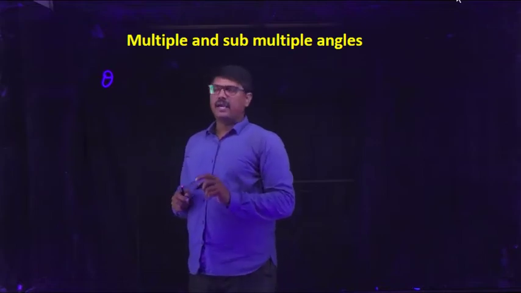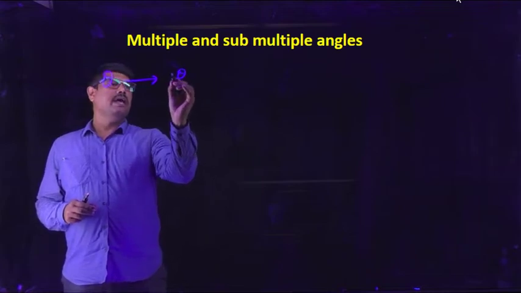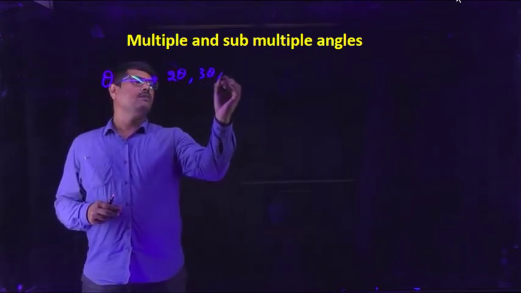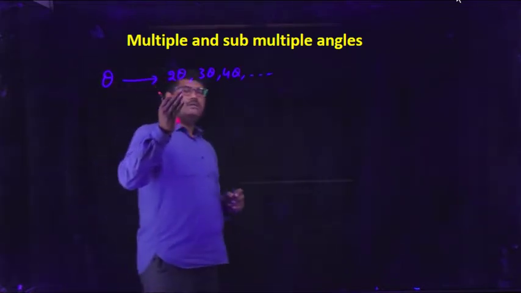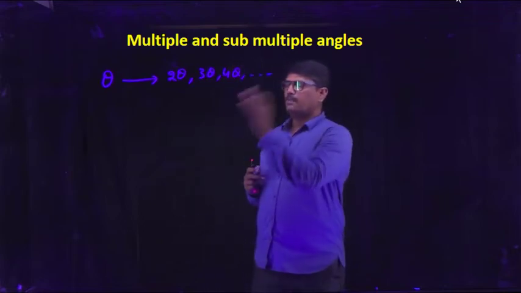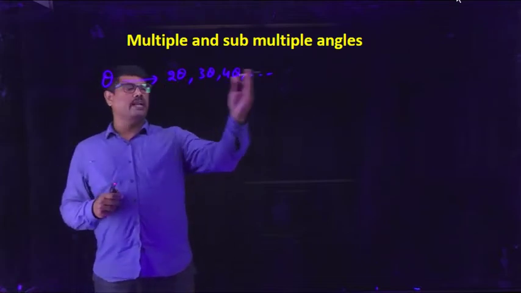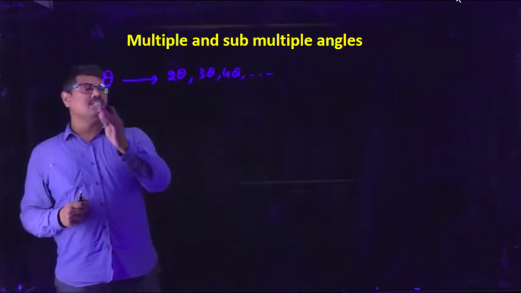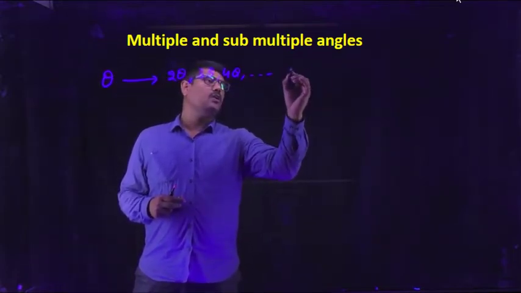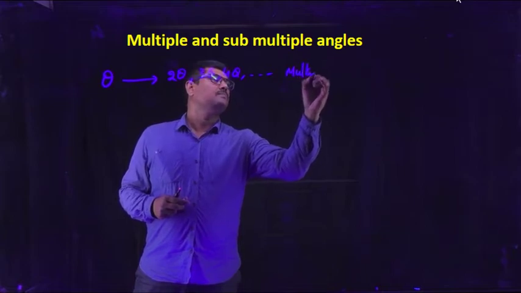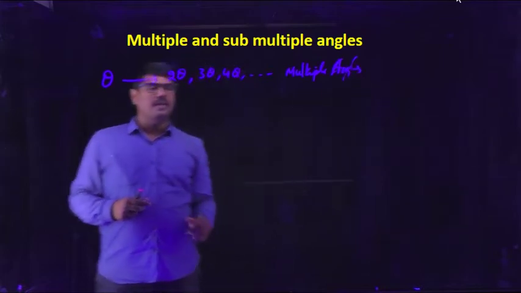For any angle theta, the angles 2 theta, 3 theta, 4 theta and so on, where the multiples of theta are positive integers, are called multiple angles.